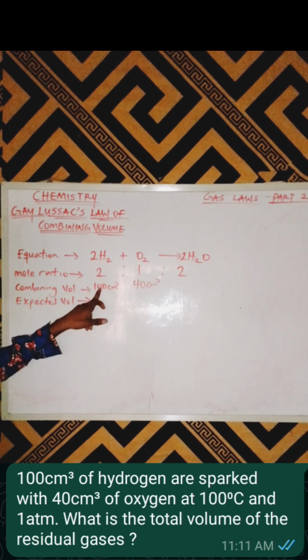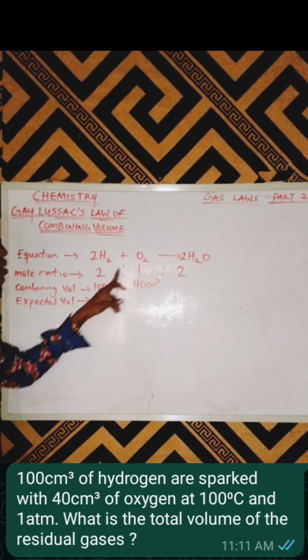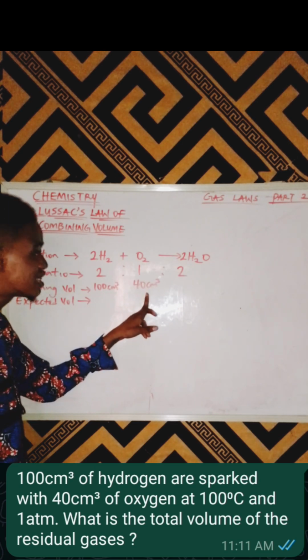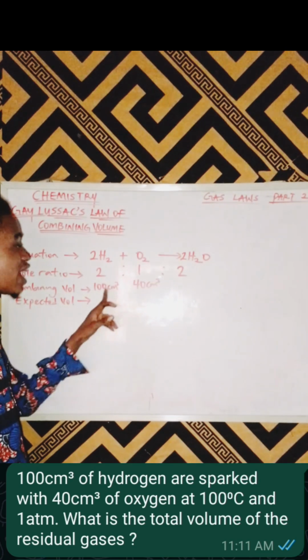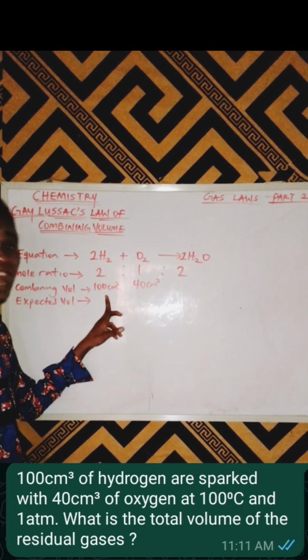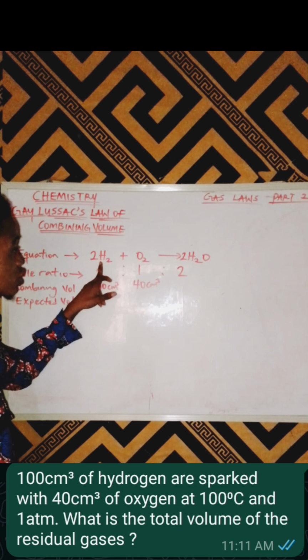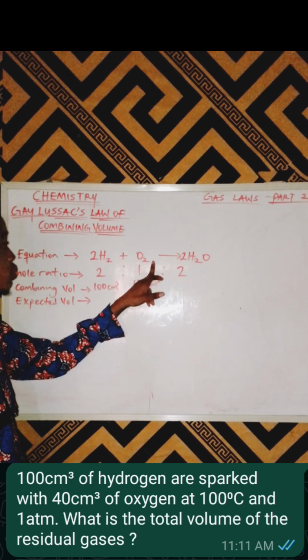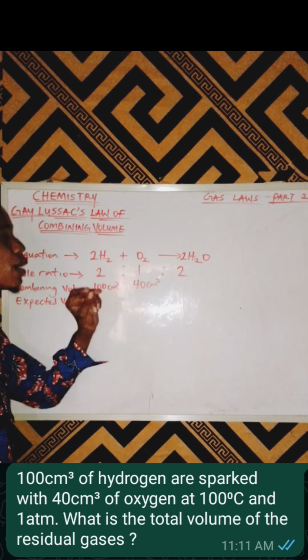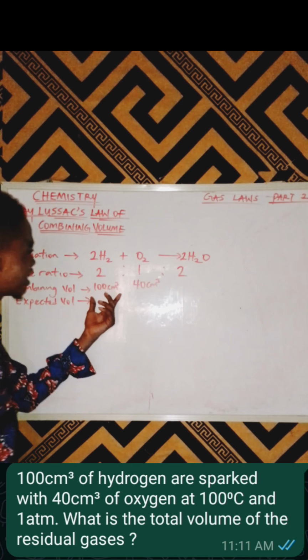So if I have 100 of hydrogen, it's going to take 50 centimeter cube of oxygen to react with hydrogen, because the ratio is 2 : 1. Now I ask myself, from the 140, which one is in excess?